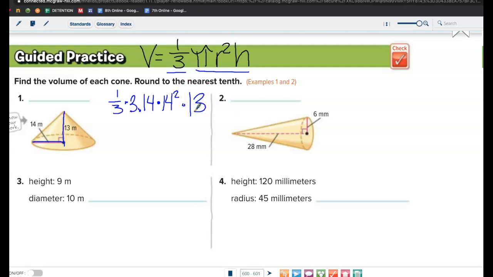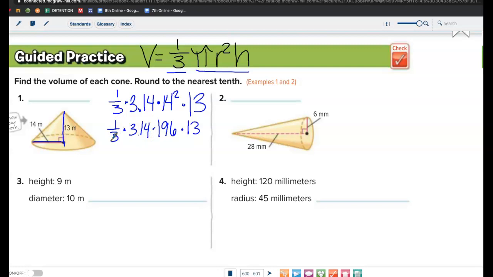You do order of operations first, so I'm going to do 14 squared, which is 144. No, sorry. It is not 144, that's 12 squared. It is 196 times 13 times 3.14 times 1/3.